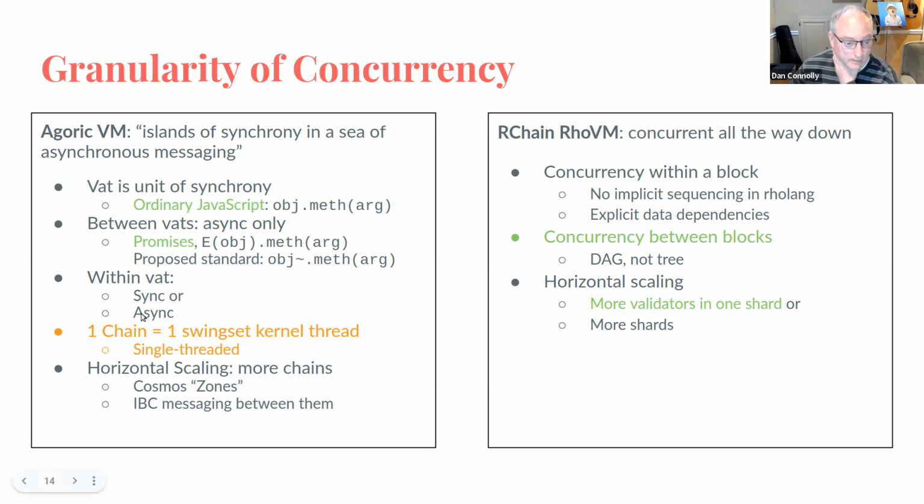So currently, one chain equals one SwingSet kernel thread. So the whole blockchain is single threaded.